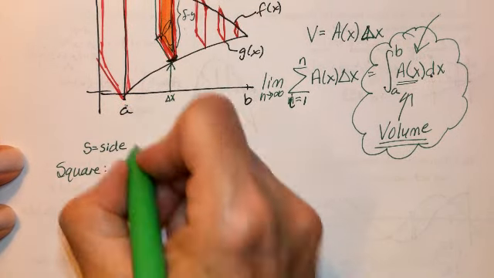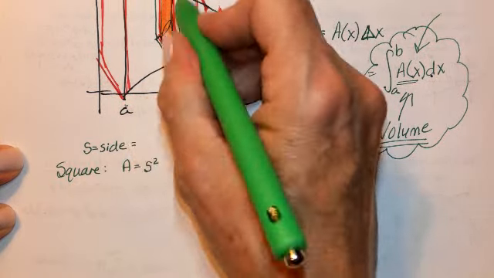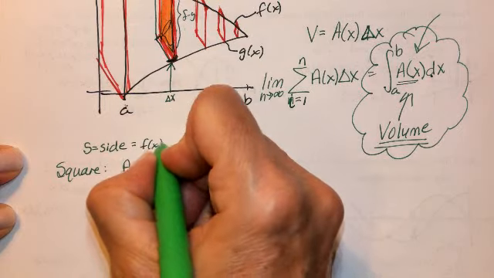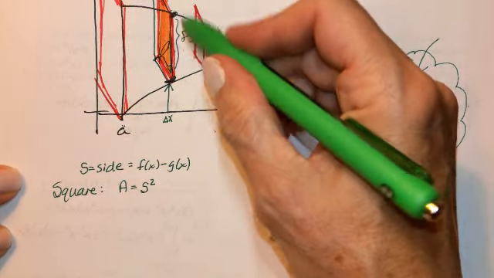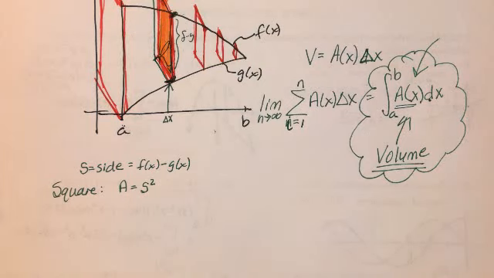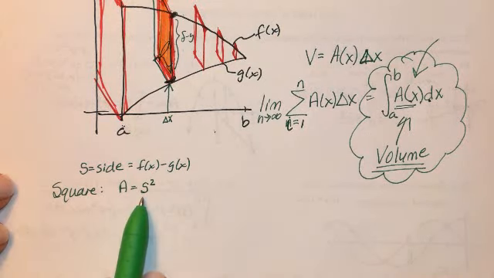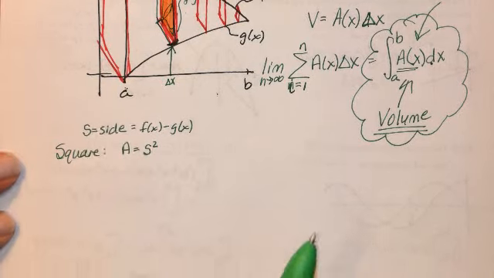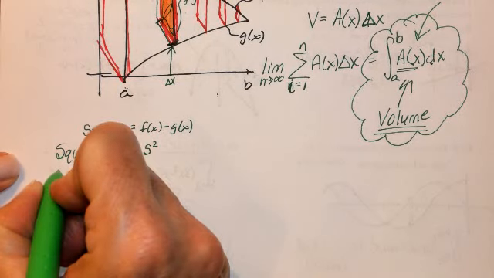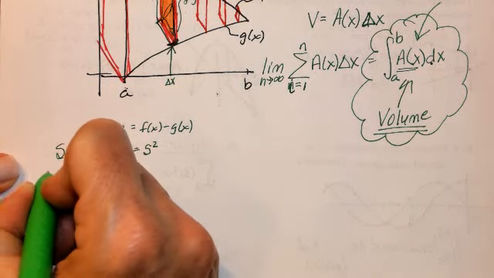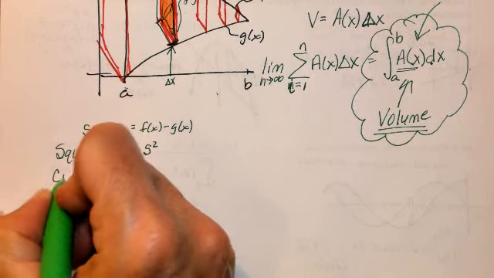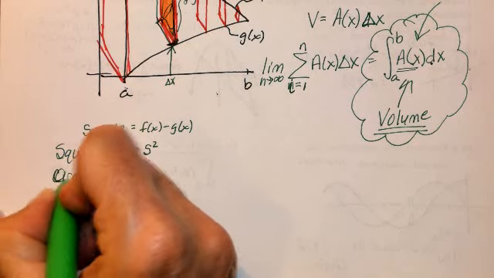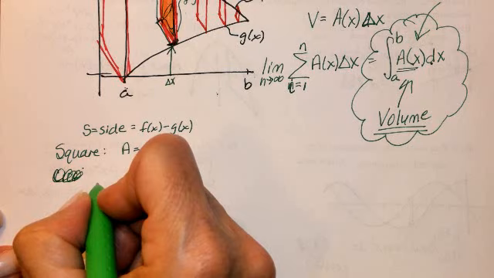In our case, S would be f of x minus g of x in this example, right? So the area would be f of x minus g of x squared for a square. Another one that's common is a circle. You know what? I'm going to save a circle. Let's do some of the easier ones first.